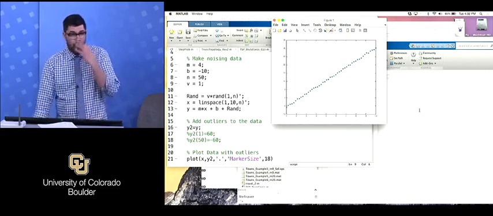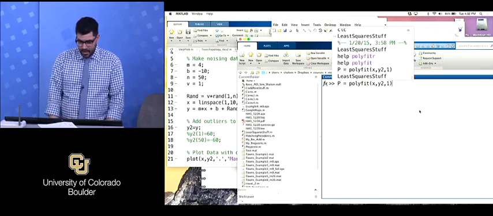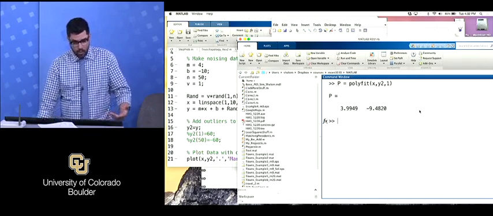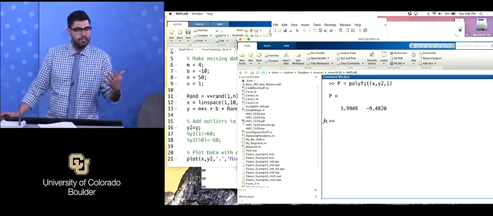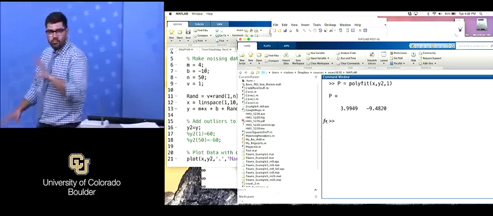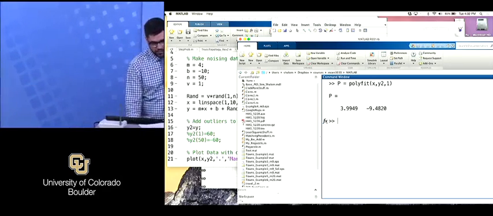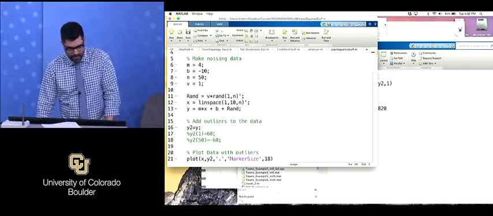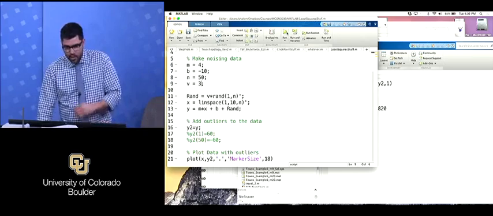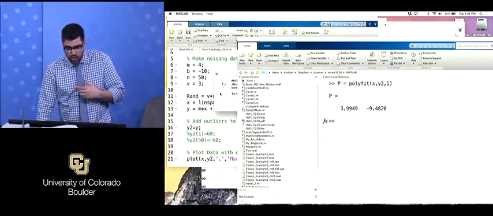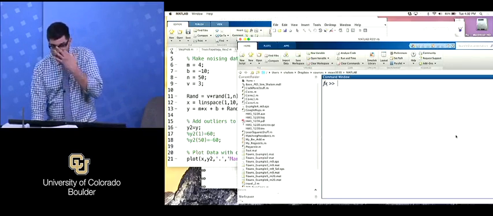That's quite a bit less noise, right? I'm going to do polyfit again, and we're much closer to 4 and minus 10. Agreed? So it's working. The more noise, of course, the harder it is to get back. Let's do a little bit more noise. Now of course, the internal function is using least squares.